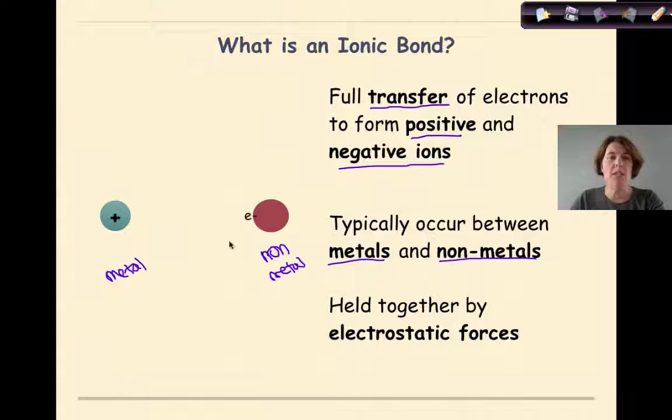On the same point, the nonmetal gains the electron, the radius gets larger because it's gaining that electron, and it has an overall negative charge. So we see a full transfer of electrons from the metal to the nonmetal, and then we have a positive-negative force of attraction holding those two ions together, which is known as an electrostatic force.